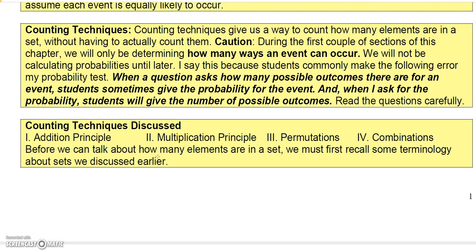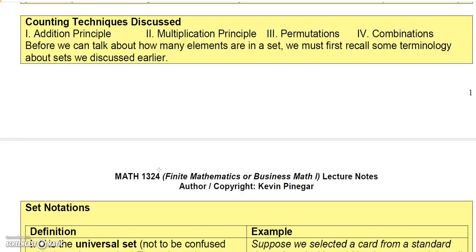These counting techniques are going to give us ways to count how many elements are in a set without actually having to count them. And we actually have 4 counting techniques: the addition principle, the multiplication principle, and then we'll talk about permutations and combinations.